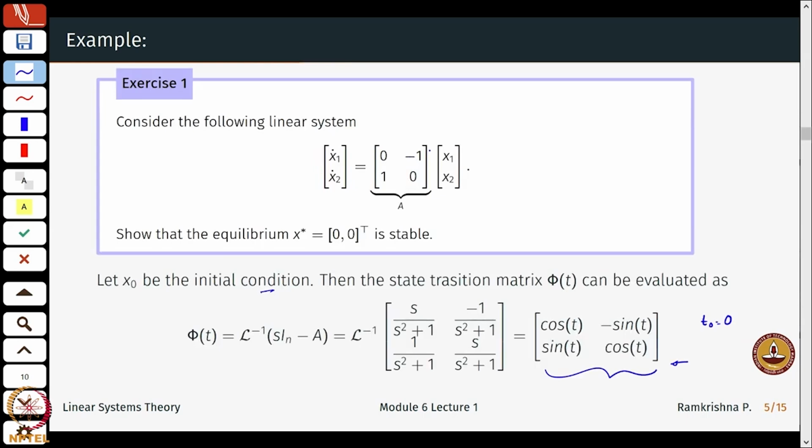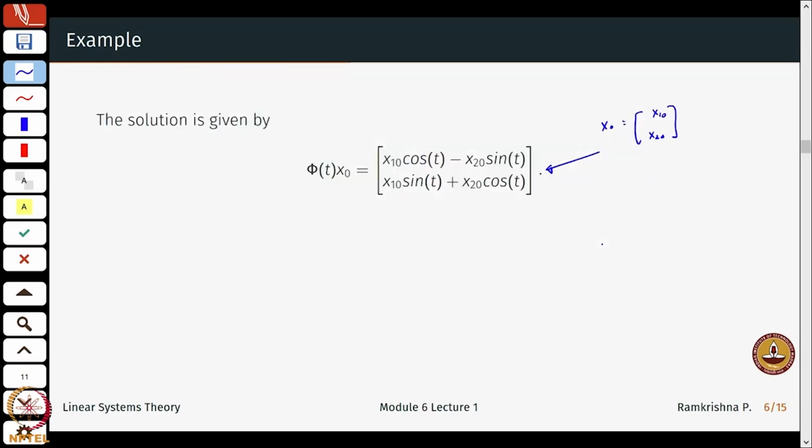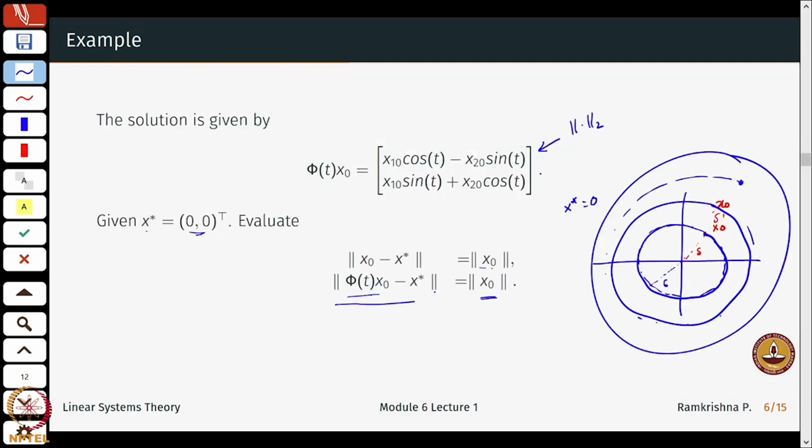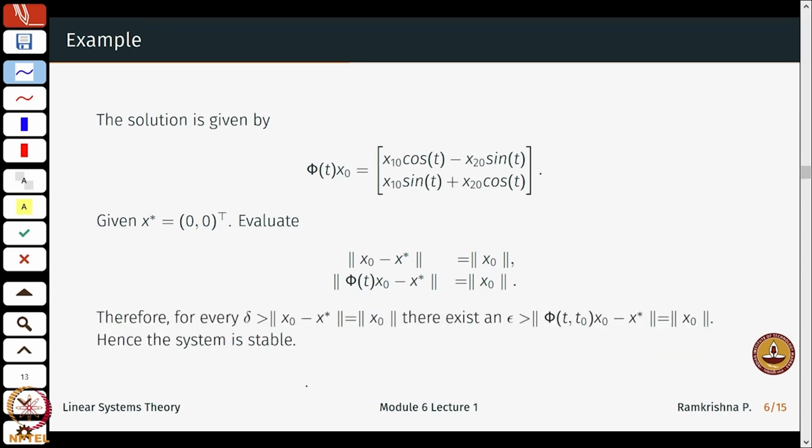As an exercise, for an example of instability, just check for this matrix and then try to compute the epsilon and delta values, and you will find that they do not exist. So you will not be able to bound this by some number from above. Okay, so I will not really do that example of instability, because it should be easy to check.